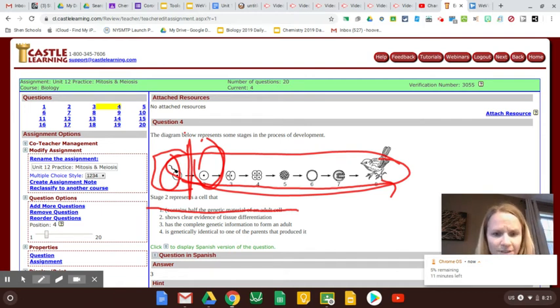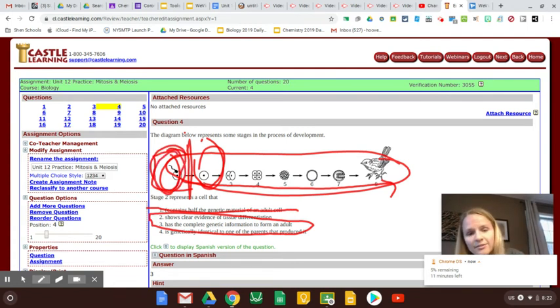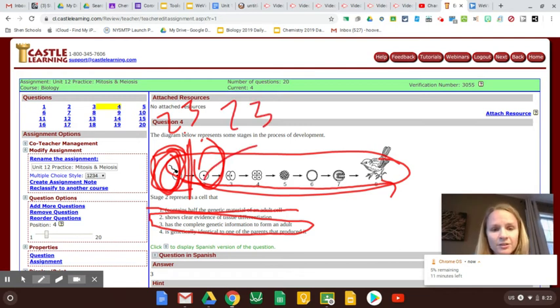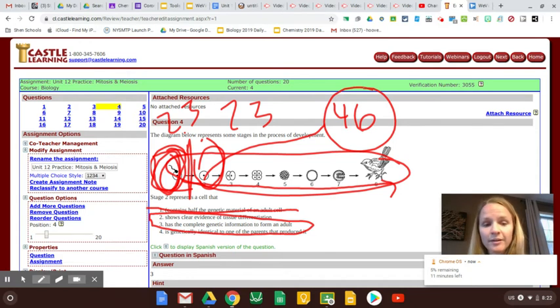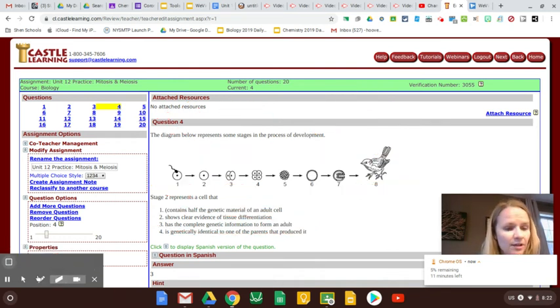Two, shows clear evidence of tissue differentiation. You don't know that yet. Three, has the complete genetic information to form an adult. As soon as the sperm and egg got together, they each had half, 23 and 23. Now that little thing is a full cell with 46. It has just as much genetic information as it's going to need for its whole life. All right, on to the next one.